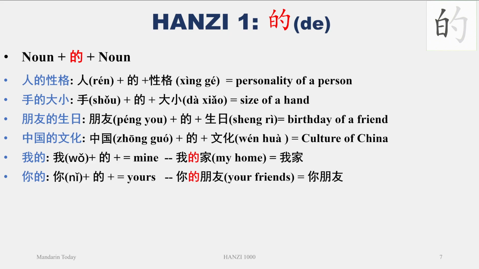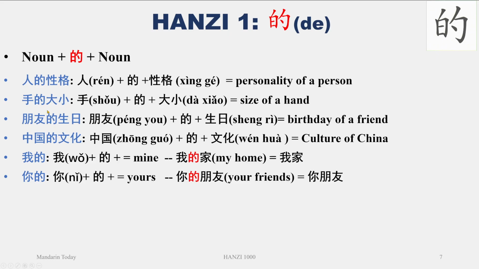Okay, so this one is the standard one, the one you will see most commonly used, and there's not really much to talk about. The structure is here, you just need to understand the words.